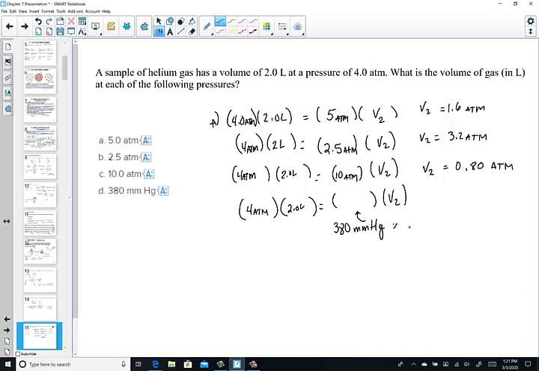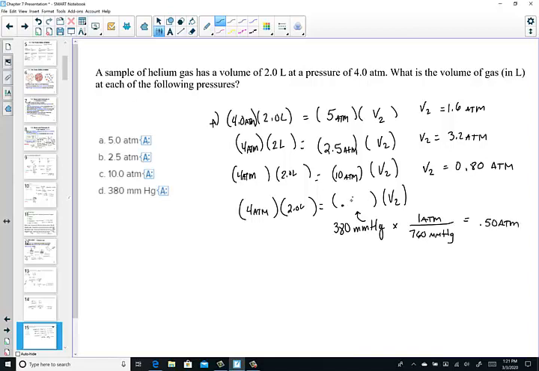Before I can go further here, I have got to find the atmospheres, and so I have to do a conversion where I'm going to divide by 760 using the standard pressure. Now remember, I have to have an atmosphere in both sides or the algebra is inconclusive. So 380 divide by 760, that's 0.50 ATMs.